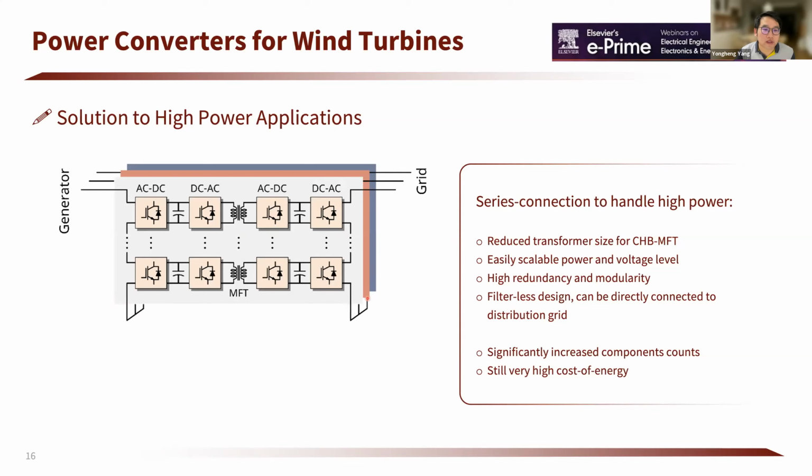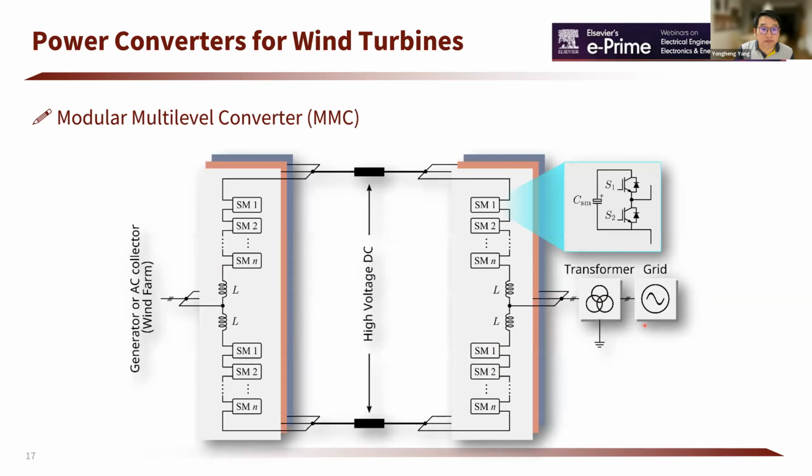The other solution is series connection. For example, as shown in this slide, you can connect the power conversion modules in series. Then each phase can process higher voltage, and the 3-phase system can process higher power. So this is another way to increase the power processing capability of wind power converters.